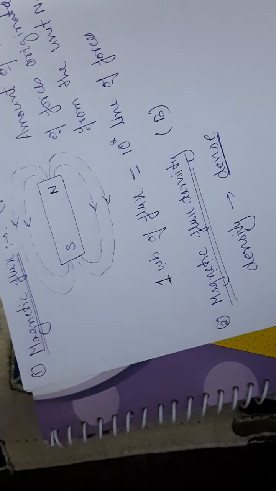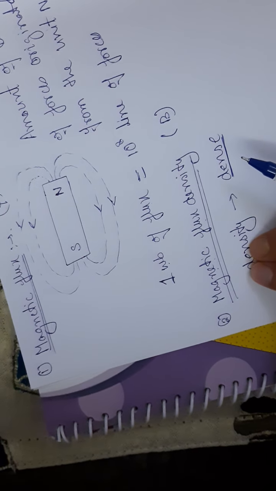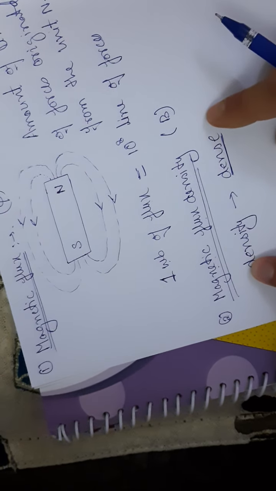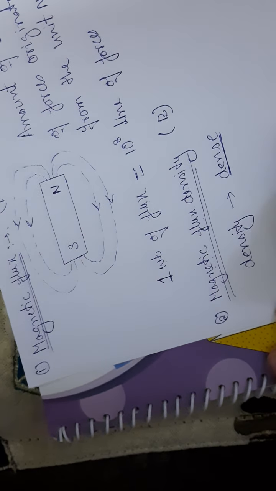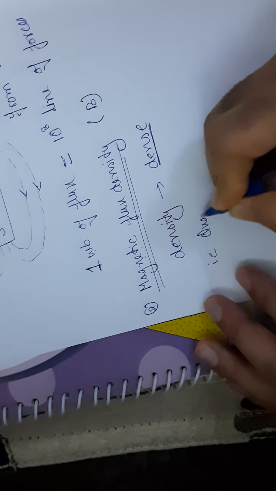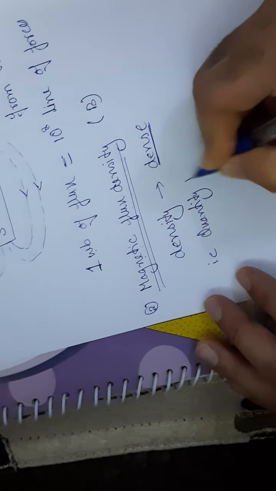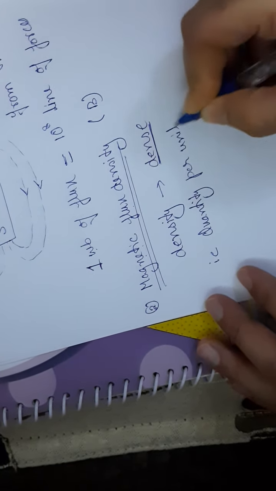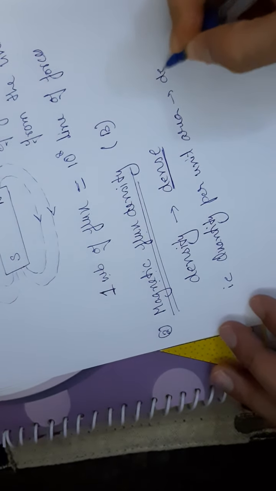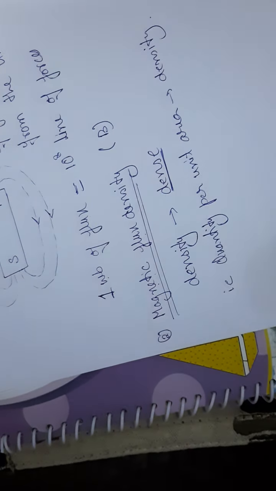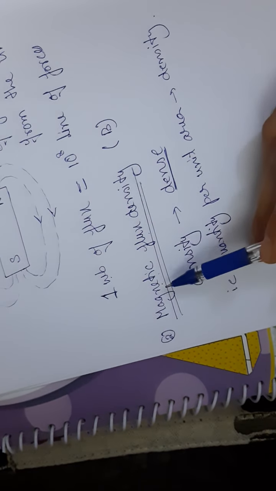So density is relative to area. I am trying to say that any quantity per unit area gives its density. So what is the quantity here?